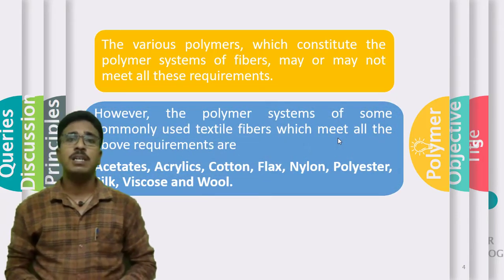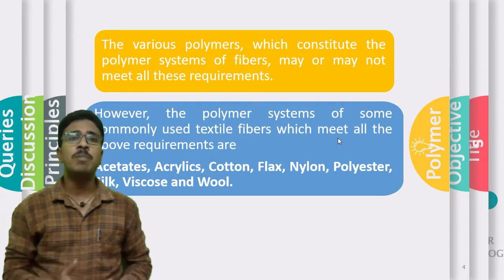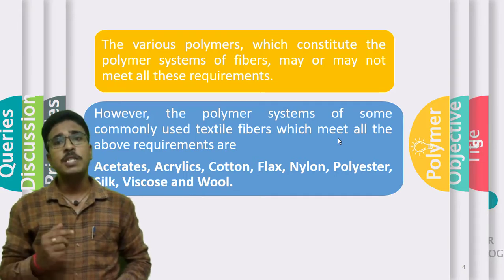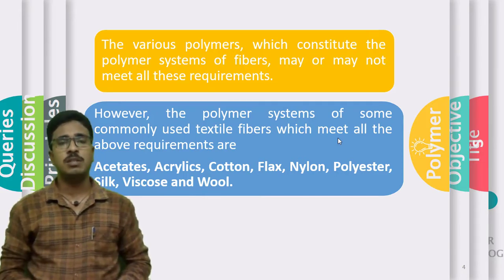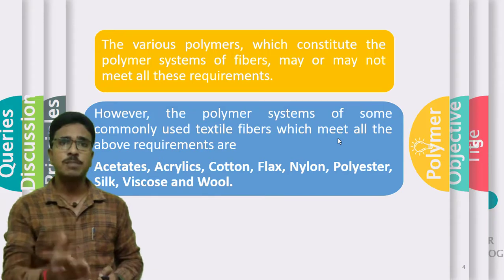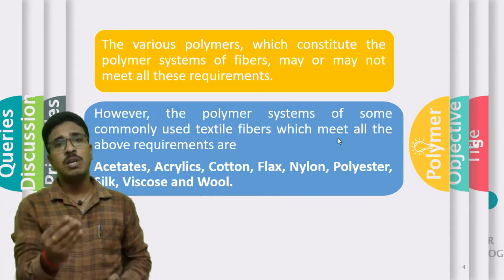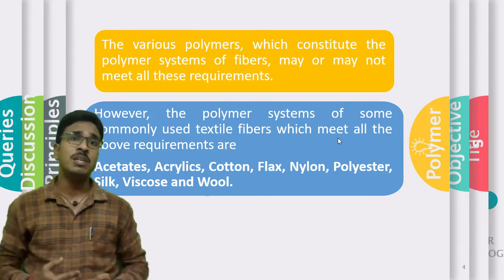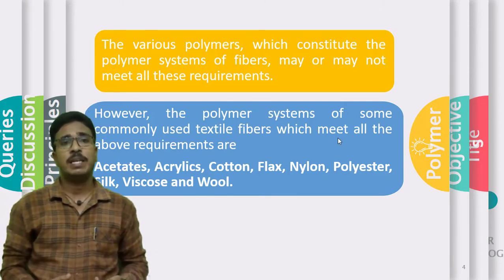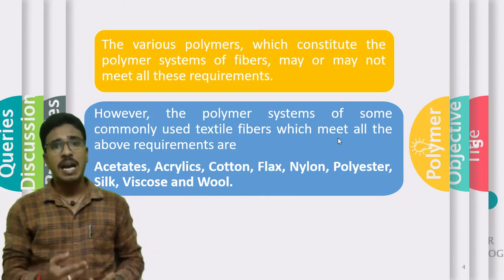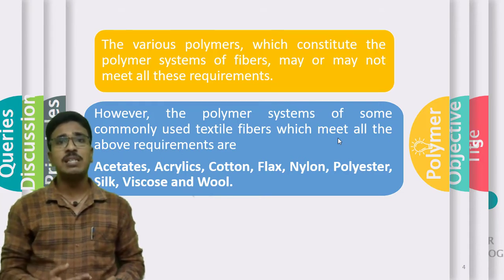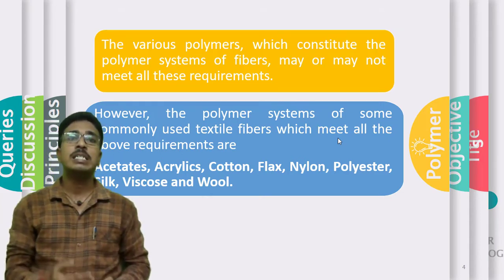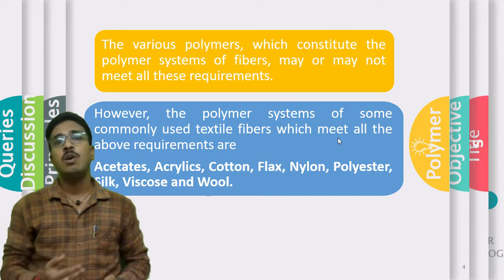However, the polymer systems of commonly used textile fibers which meet all the above requirements that we expect from a polymer are some of the polymers we use widely in day-to-day applications, like acetates, acrylic fibers, cotton, flax, nylon, polyester, silk, viscose rayon, and wool fibers.